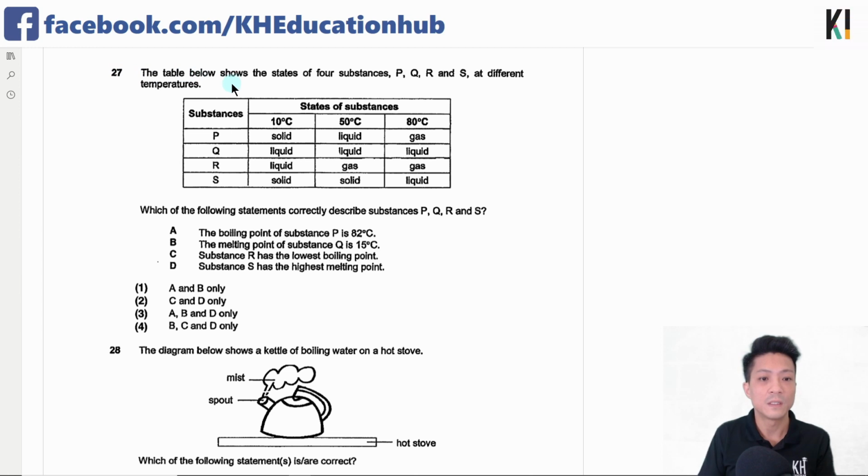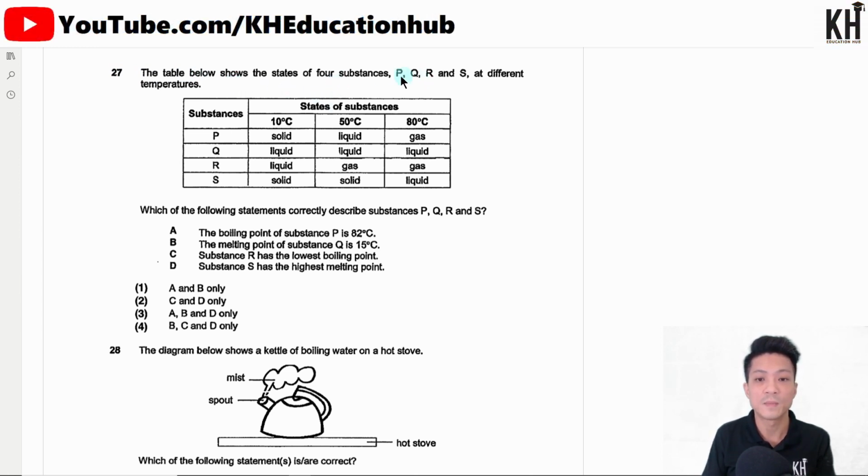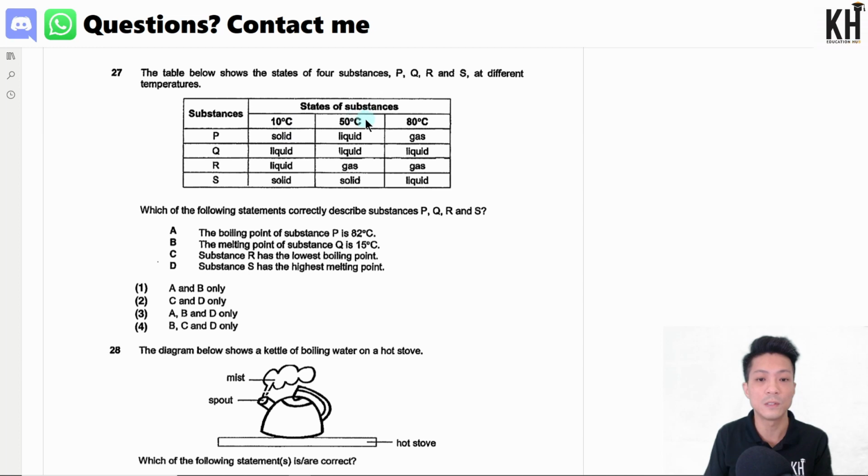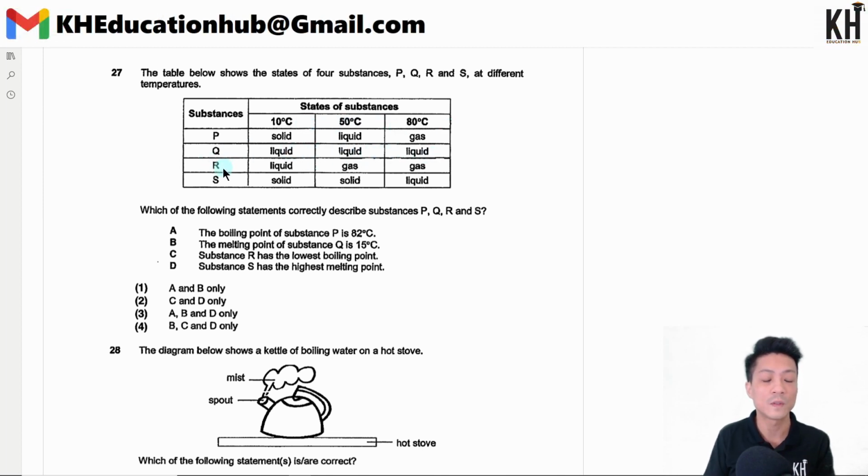Question 27. The table below shows the states of 4 substances P, Q, R, and S at different temperatures. For substance P, at 10 degrees Celsius it is solid, at 50 it is liquid, and at 80 it is gas. For substance Q, at 10, 50, and 80 it is all liquid. For substance R, at 10 it is liquid, and at 50 and 80 it is a gas.